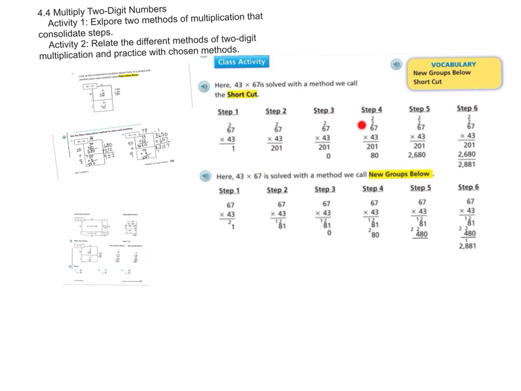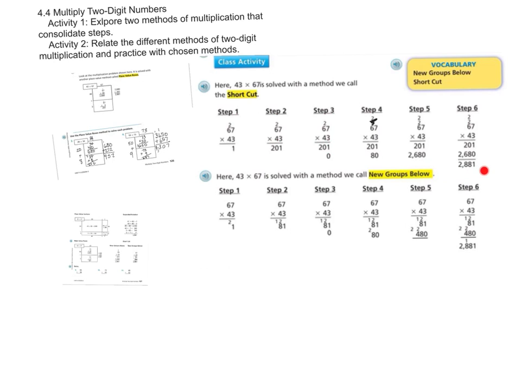As you see, there's 2 2's here. 2 from the first time, and I usually cross that out personally because I know I've used it. Then 4 times 6 is 24, plus 2 more is 26, as you can see here. And then you're going to add that all up to 2,881.